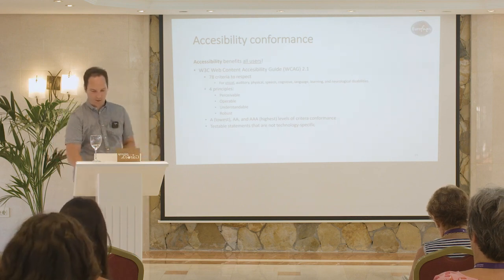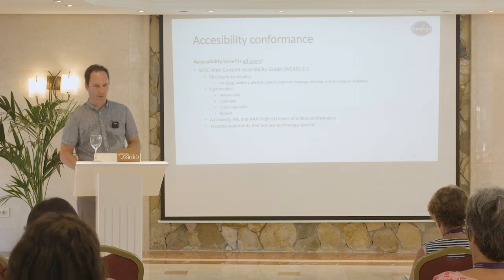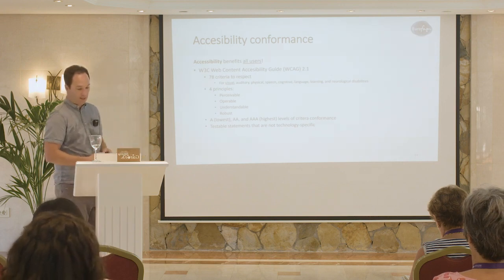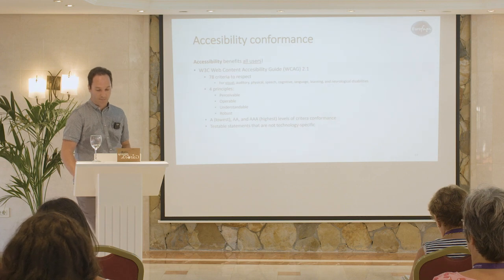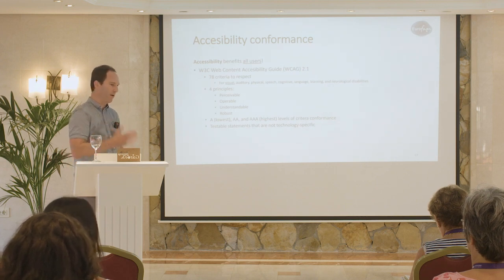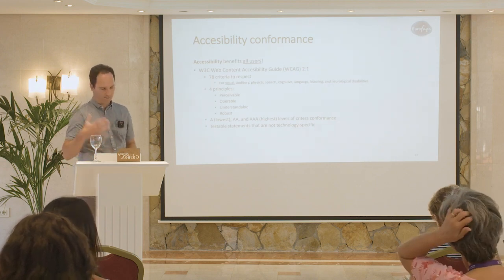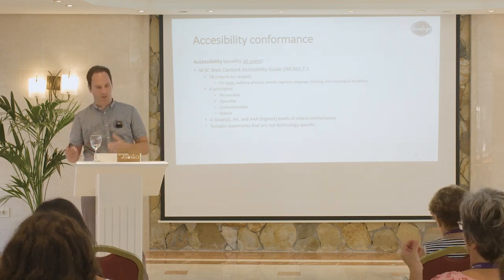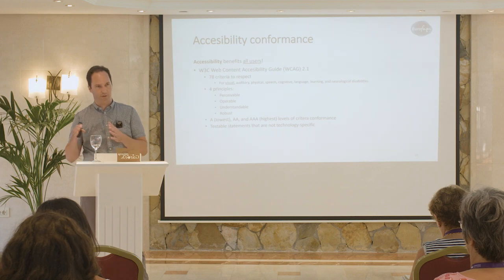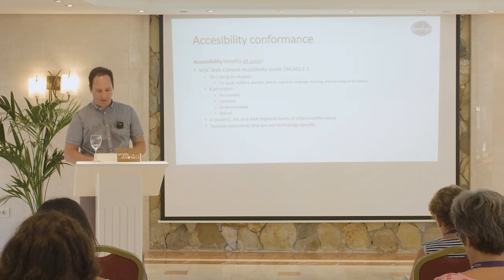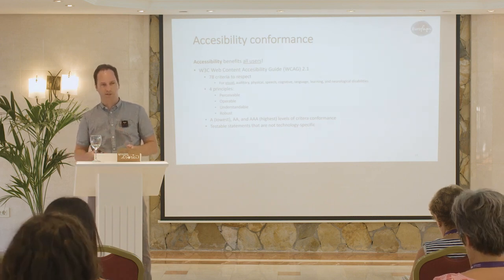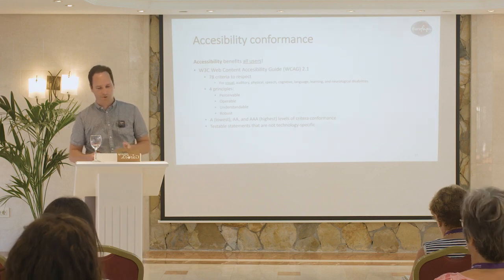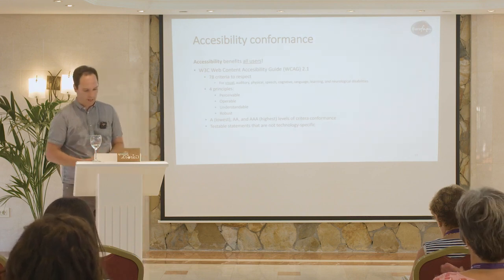And of course, the information and operation have to be within the limits of users' comprehension, and it has to be robust. It doesn't matter on which device it is presented. It should be available to everybody on every device, on every so-called user agent, and also available in the present, taking into account future technological progress.